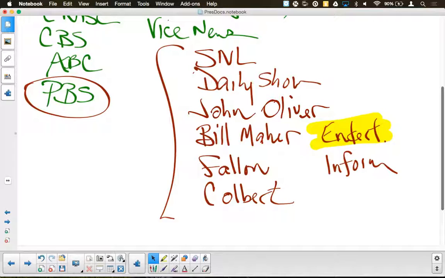If I make fun of someone on Saturday Night Live and nobody knows who the person is, the joke's not going to work. If I make fun of a candidate, I have to make fun of somebody who people know. So if I'm getting made fun of on there, that means I am established. That means people probably have a viewpoint. No, I might not like the way in which I'm being brought up.